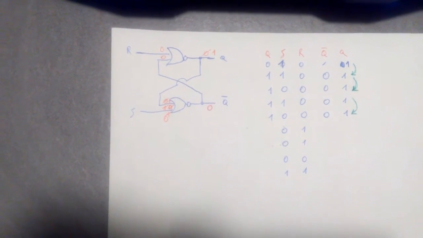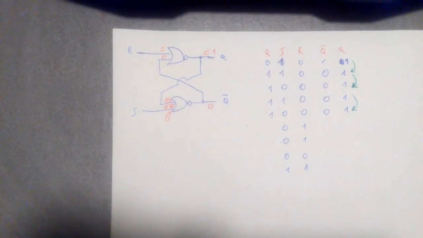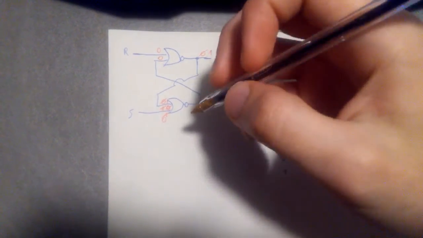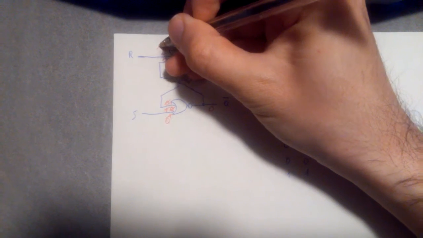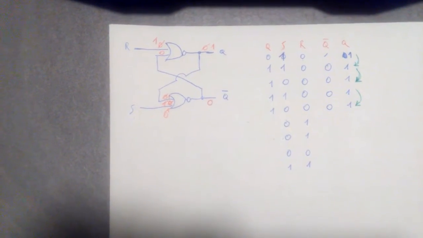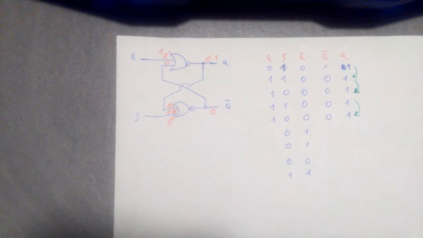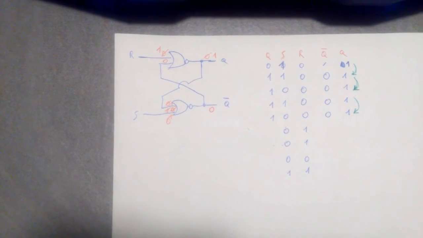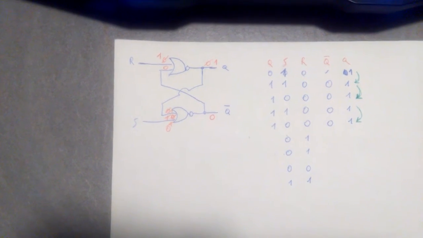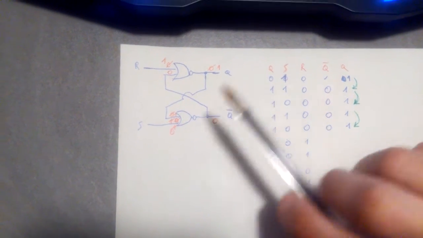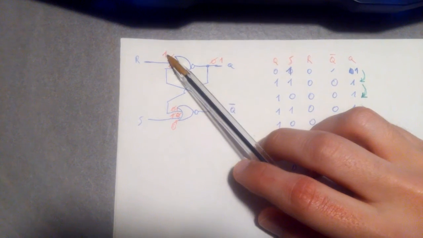So now what happens if we put the reset pin to 1? We have basically the circuit in this state here, and we put the reset pin to 1. Well, the set pin is 0, the reset pin is 1.